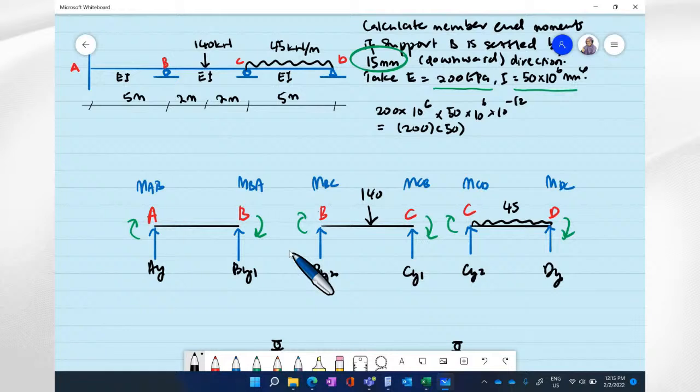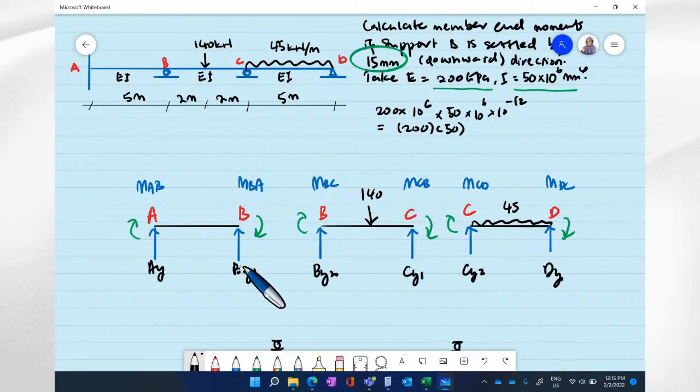And each element, besides moment, also has shear reaction. Shear reactions AY and BY1 at member AB, and for BC we have BY2 and CY1.